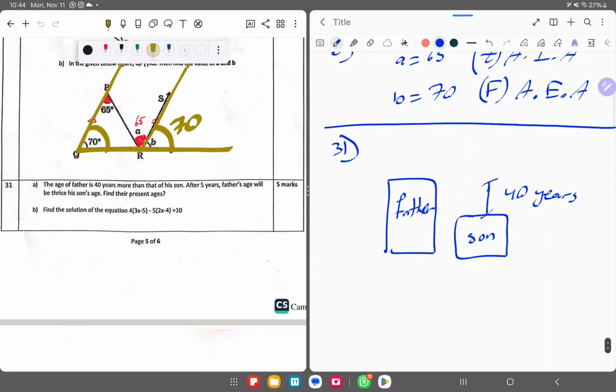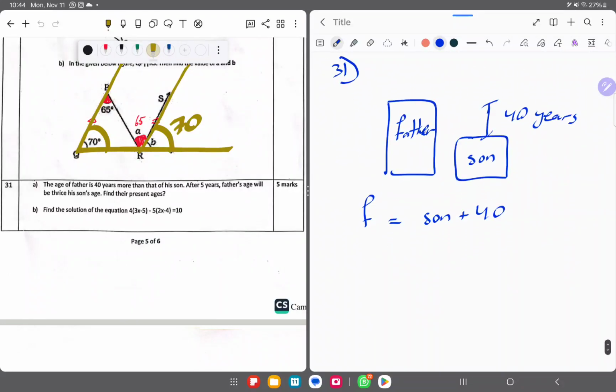So after 5 years, the father is equal to the son plus 40. Now, the father plus 5 is equal to the son plus 5. Wait, they're not saying that.